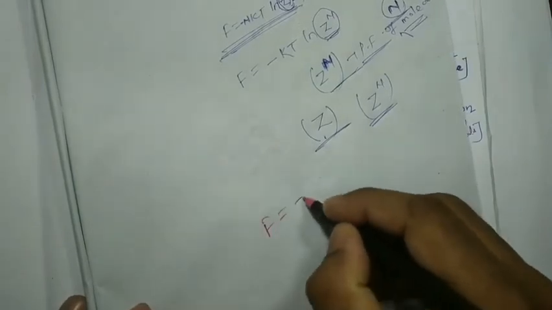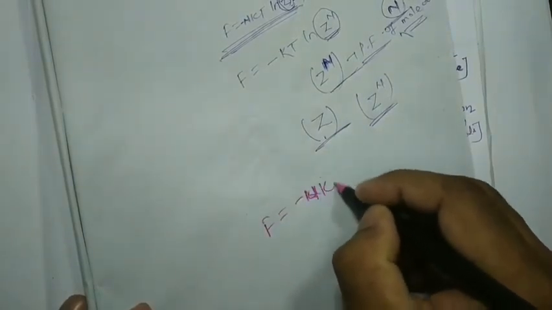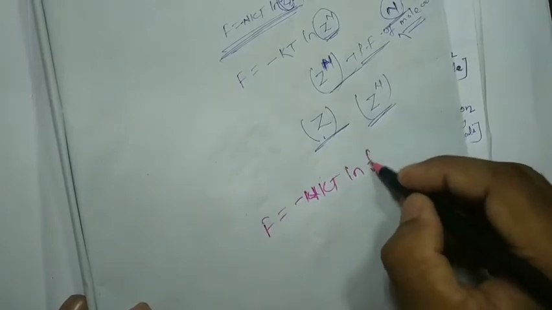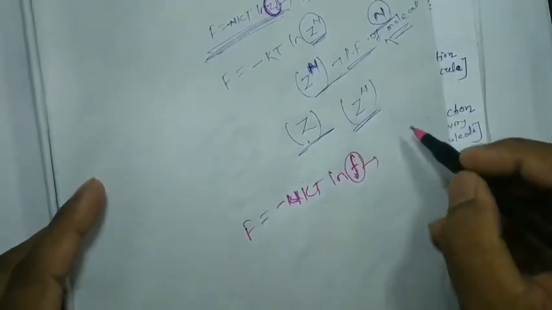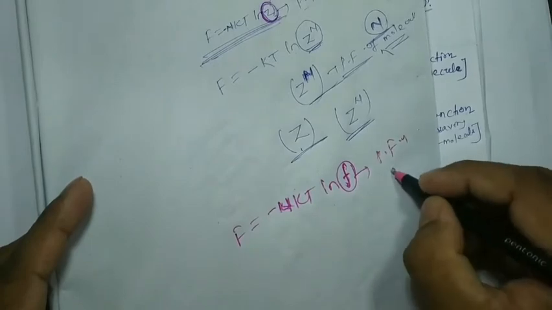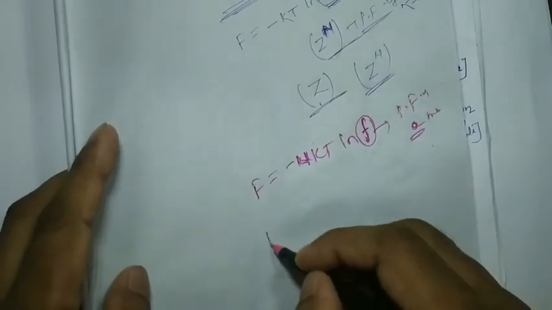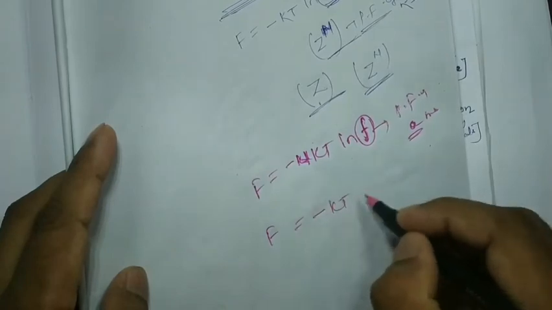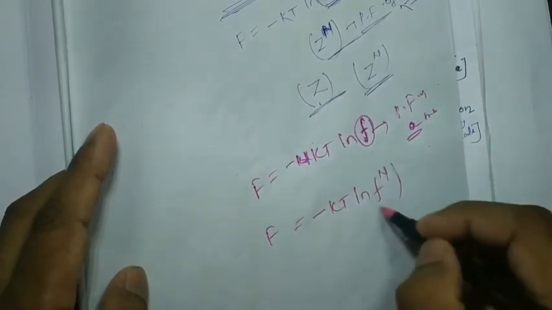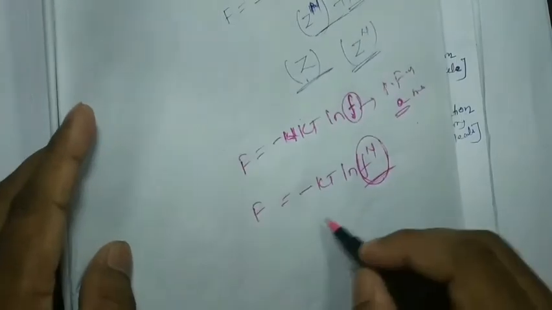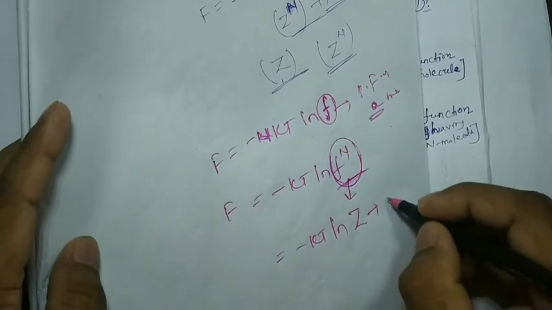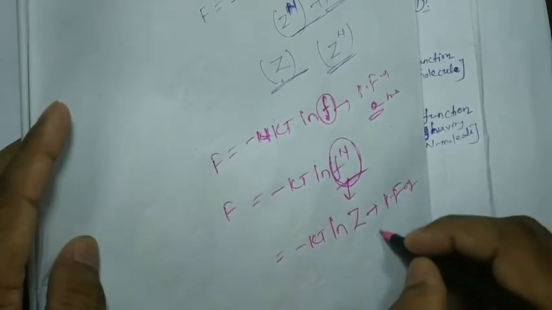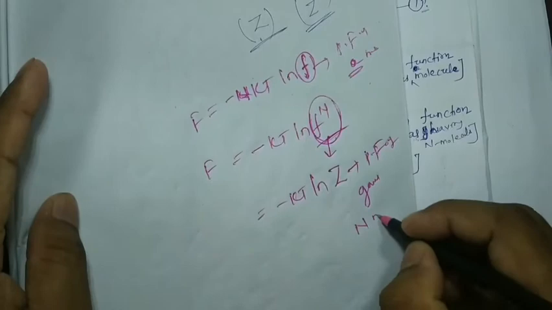Suppose I consider f, no problem. Instead of this z, I represent it by f. This f is nothing but the partition function of a molecule, and f can be represented as minus kT ln f to the power N. So this f to the power N can be written as ln z, which is called the partition function of a gas having N molecules.